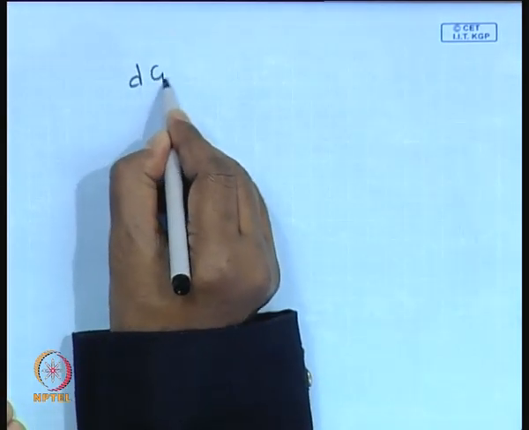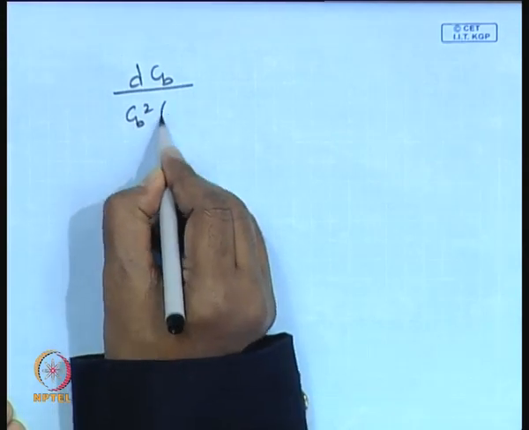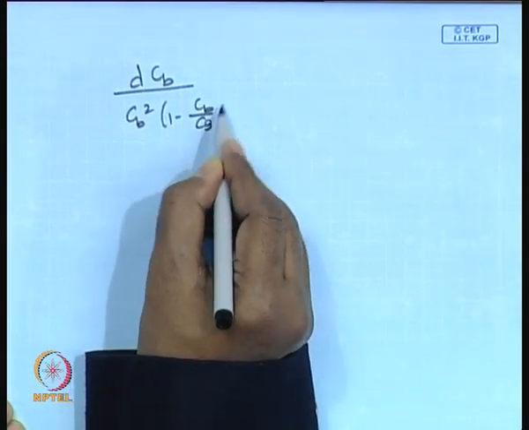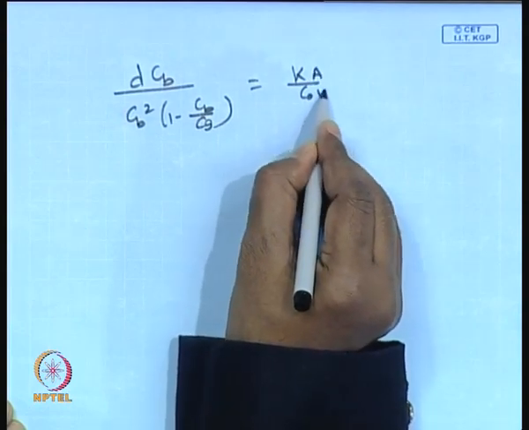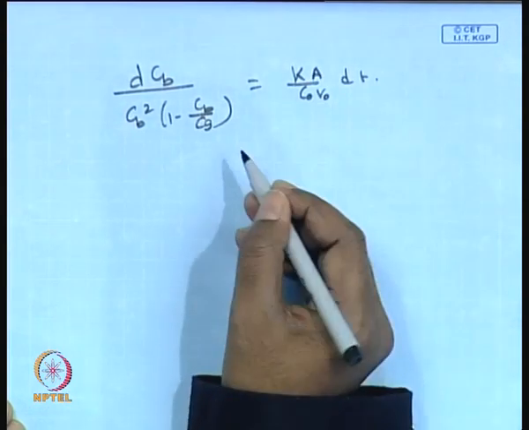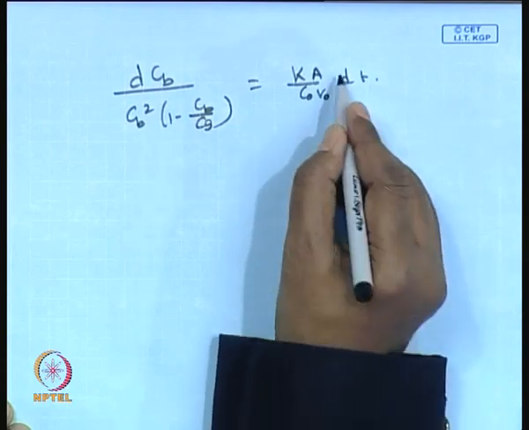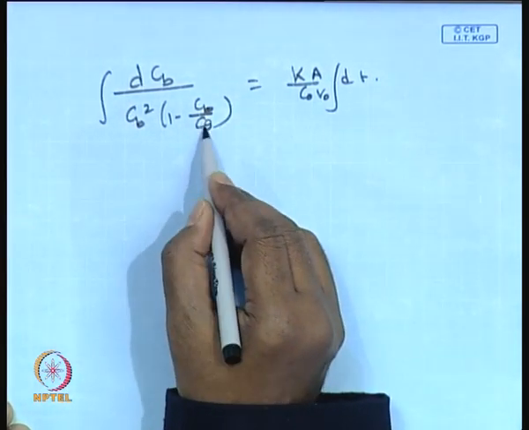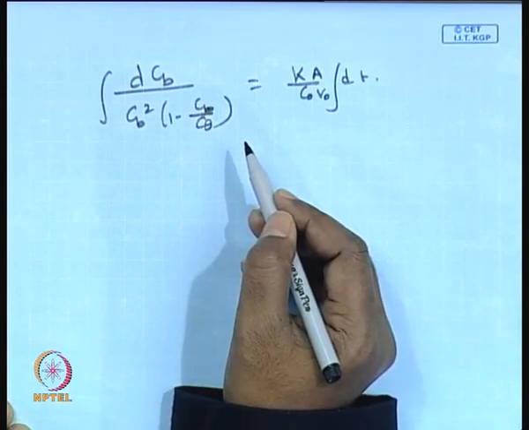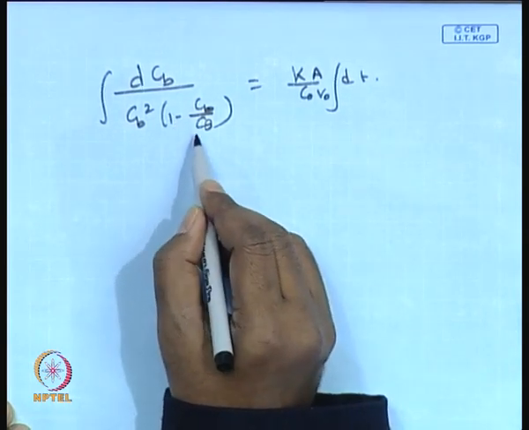and now you will be able to get an analytical integration. So, this becomes dCb over Cb square times 1 minus Cb by Cg is equal to Ka over C naught V naught dt, and you can really integrate it out. Okay. In fact, Cb by Cg will be very small, right. So, 1 minus Cb by Cg will be roughly approximated as 1. Okay.